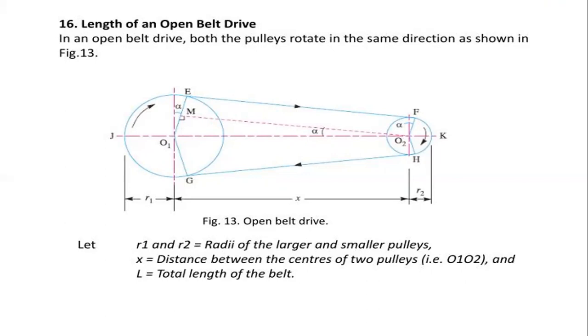Then capital L is the total length of the belt. Then alpha is the angle at which the belt is connected to the pulleys.